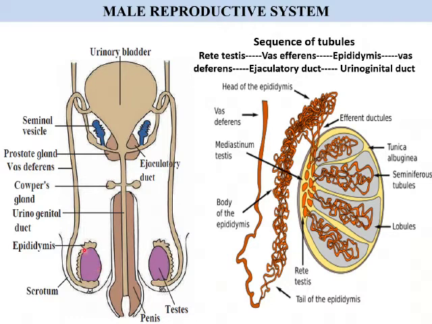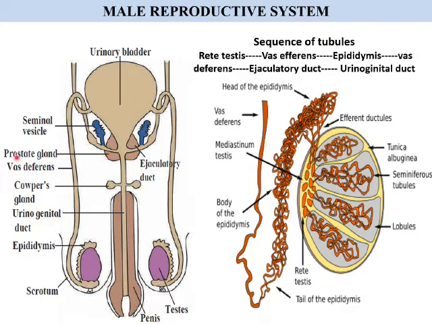Then we have the epididymis. Then we have two ducts arising from each testis on both sides, which are called vas deferens. They are ascending, moving upwards, and are present on both sides. Then we have seminal vesicles, again on both sides.